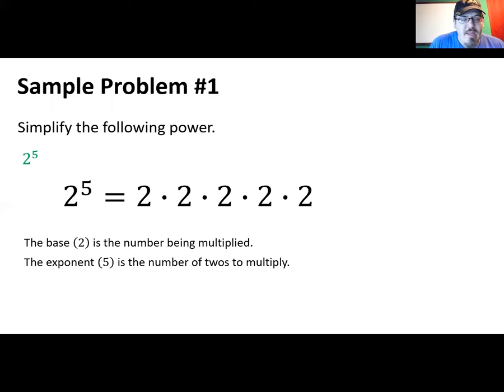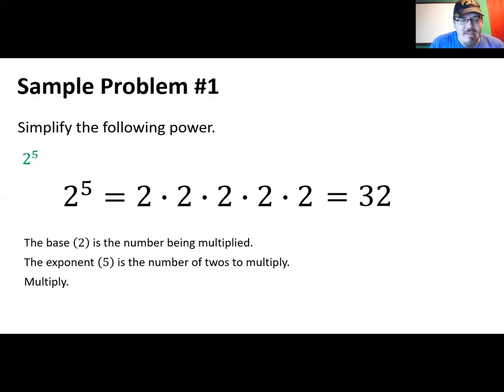So 2 to the 5th power simply means we take the number 2 times itself 5 times. 5 2's are multiplied together. So 2 times 2 times 2 times 2 times 2 equals 32. And that's really all there is to it.